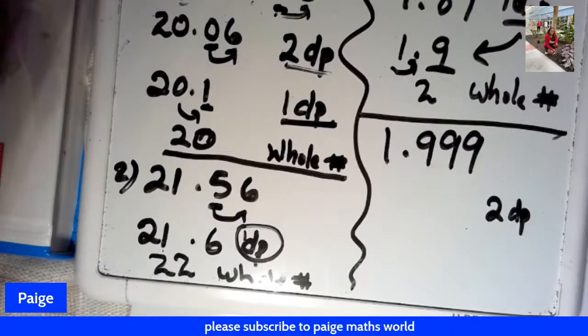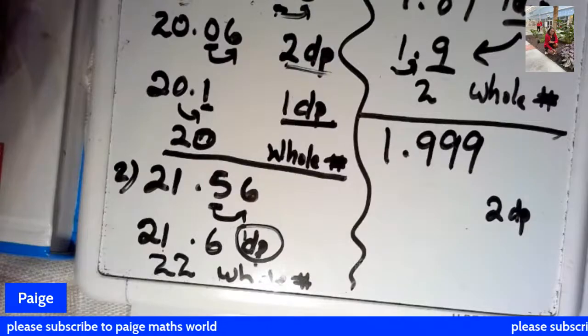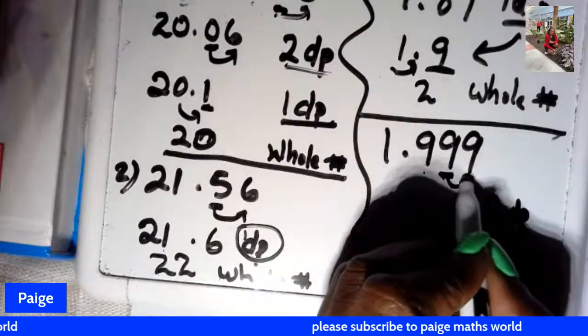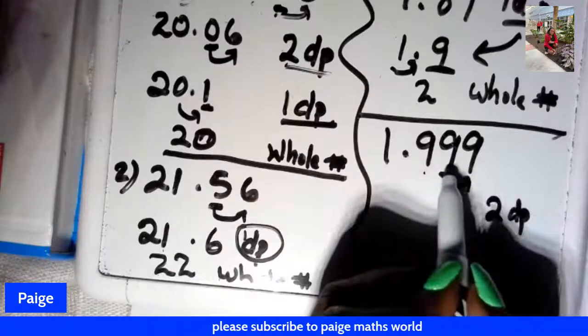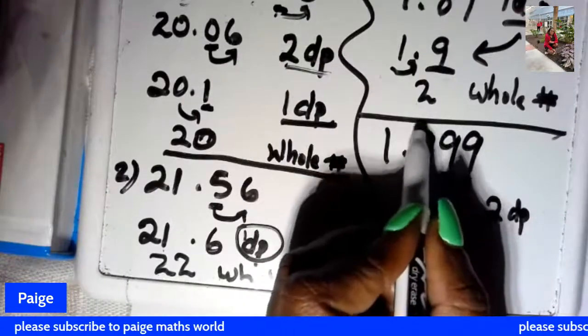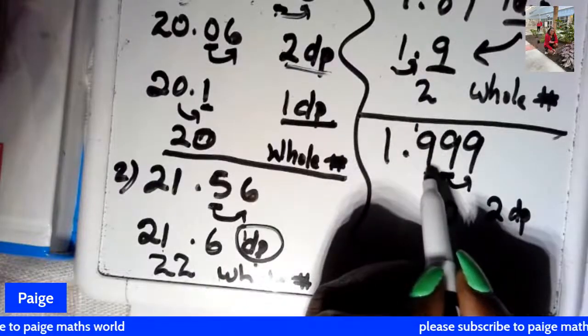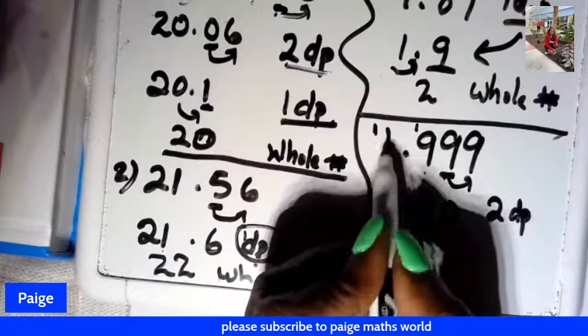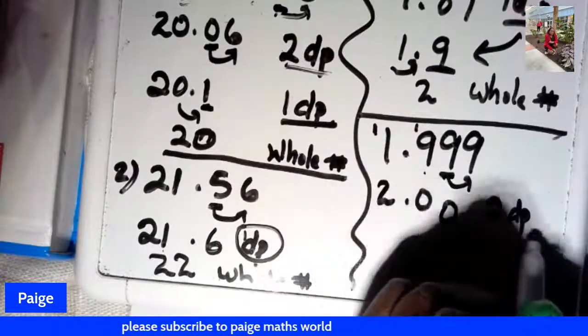All right, so let's look at this. They want us to look at the nearest 2 dp, right? So we're going to look at 1, 2, right there. We look to the right, it's greater than 5. But when we add 1 to this, it makes it 10, so that's a 0, right? We add 1 to here, it makes it 10, so that's another 0, and we add 1. So it's going to be 2.00.